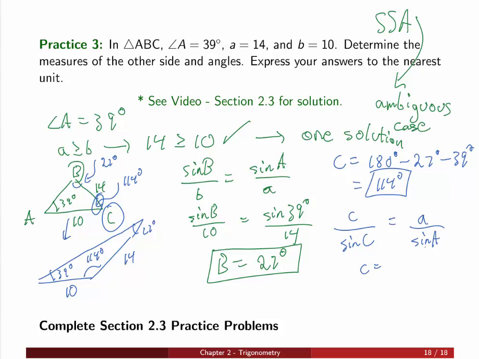So c is going to equal sine of 114 times a, which is 14, all over sine of 39. Here we go. Here's the last thing we've got to do.